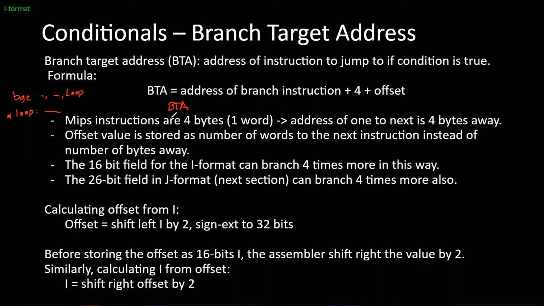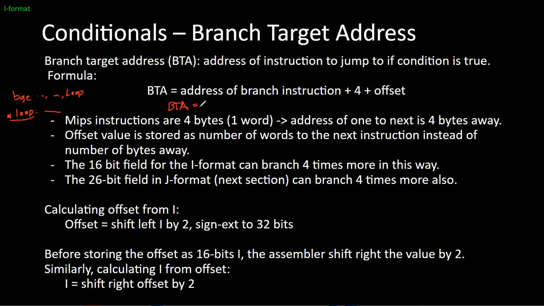So BTA is actually the address of this loop. If this condition is true, we are jumping to loop. So this BTA is the address of loop, the target address that we want to end up on. That's like our destination.